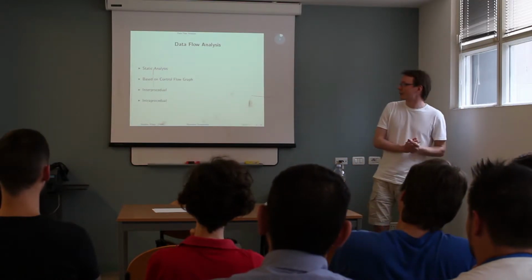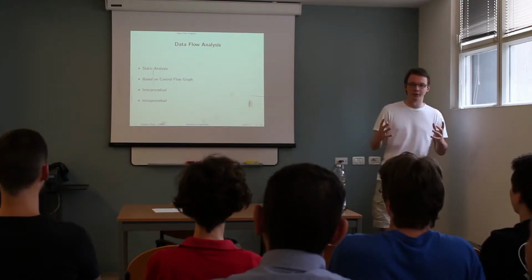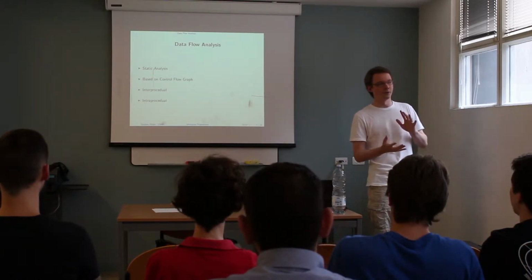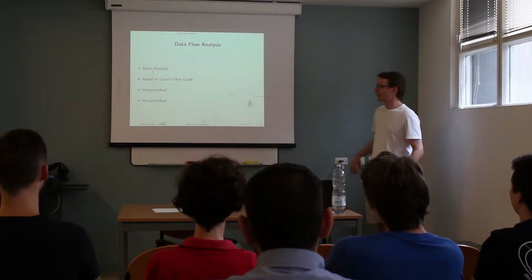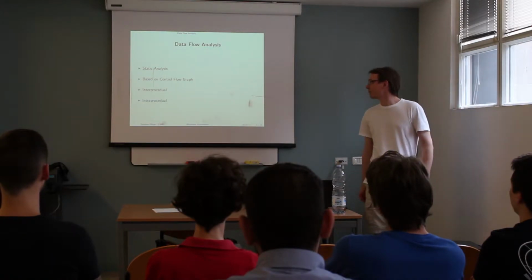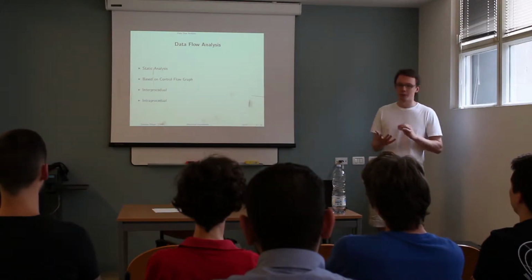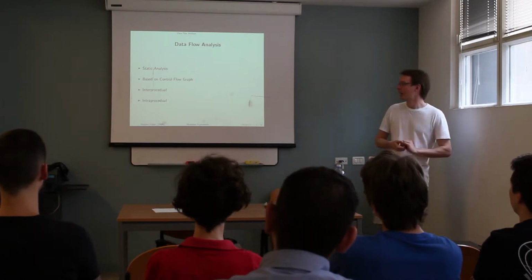Data flow analysis is usually used as a static analysis, so the program you're trying to analyze is not executed, which has of course the typical pros and cons. It is based on the control flow graph, and you can see some examples of control flow graphs.